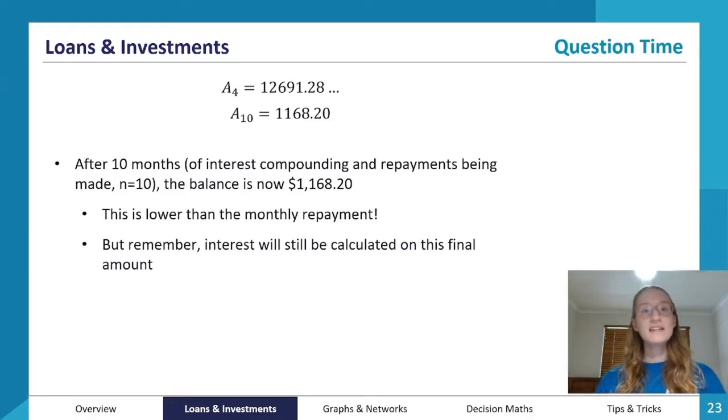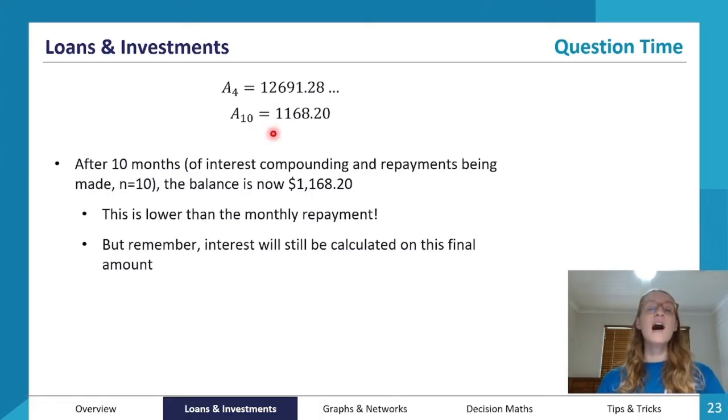But this is a step that quite a lot of people forget to do because it's a little bit tricky to think about in your mind. What we actually need to remember to do is apply interest to this final amount, because it's not like the bank's just going to say, oh, don't worry about paying interest on the last one. No, our formula still applies.